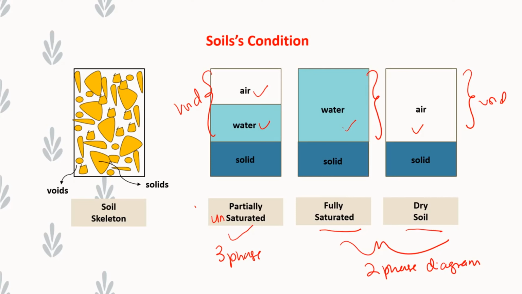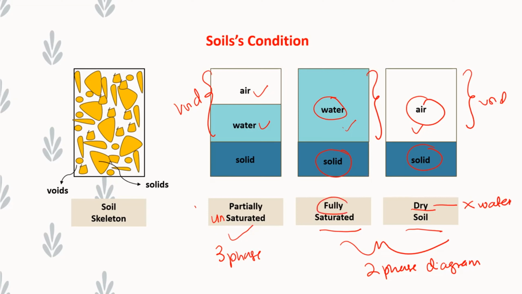So for fully saturated, soil only consists of water and solid, while for dry soil, the soil will only consist of air and solid because it's dry. So if it's dry, it means that it has no water.